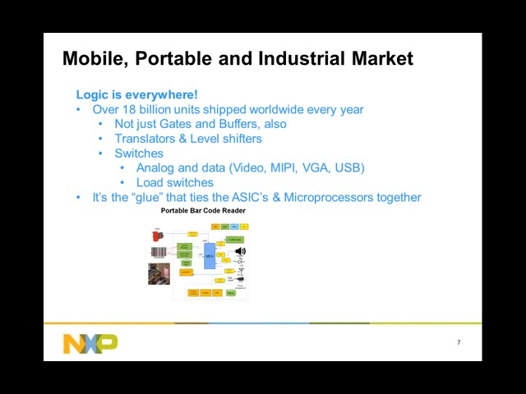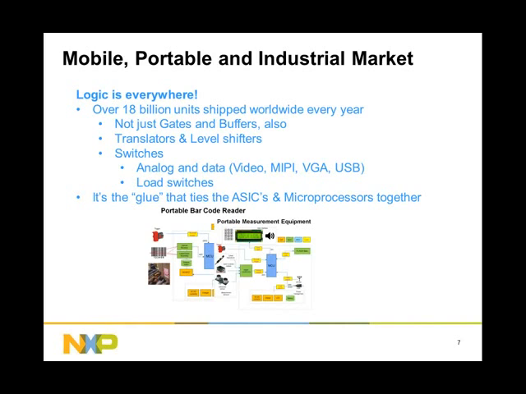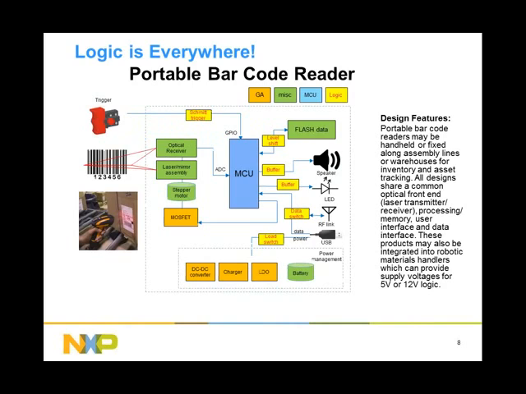Just taking a quick look at some of the portable applications. Here we have a barcode reader, portable measurement equipment, and portable medical equipment. On the barcode reader, you can see that logic is used as Schmitt triggers for the input trigger, level shifters, buffers, data switches, and load switches.